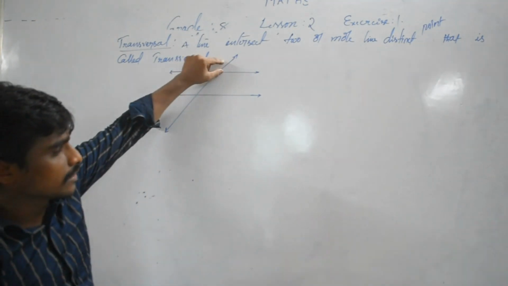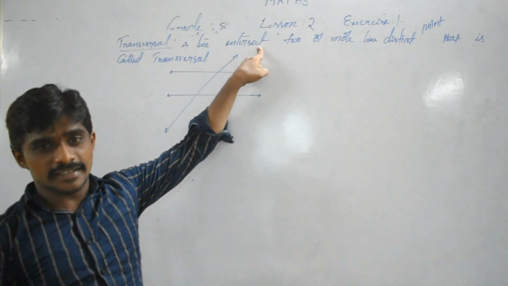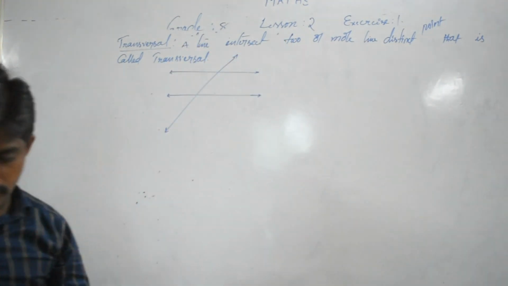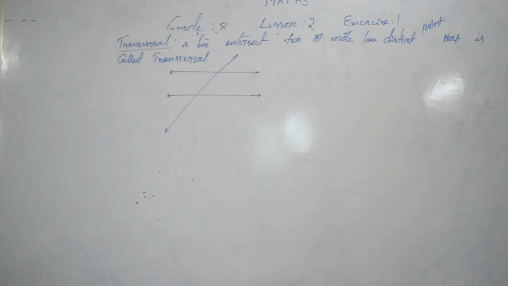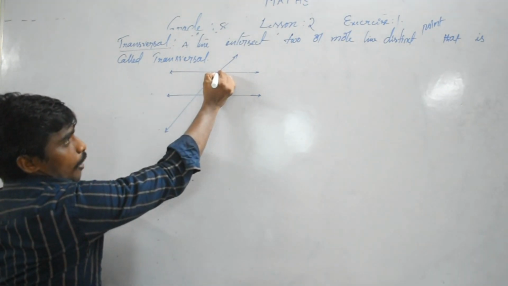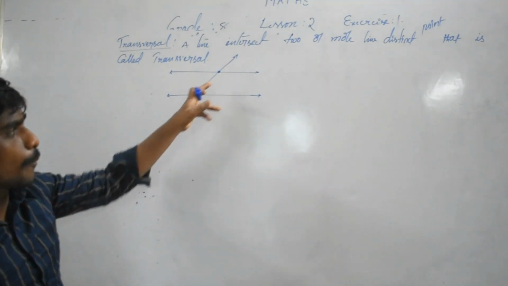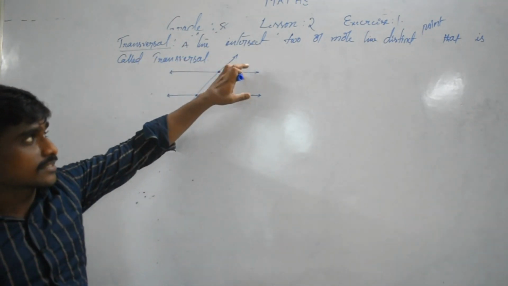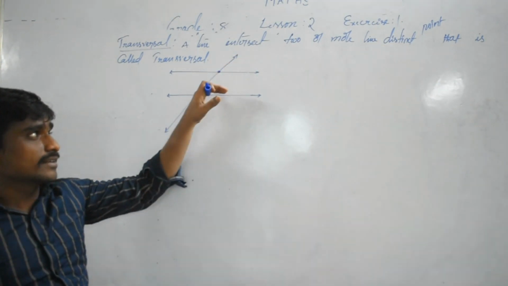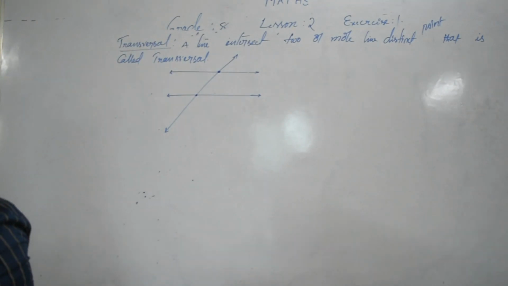Now another line intersects. So we know line, we know intersect, we know point. So that is a transversal. So here one point, here one point, 2 points. So two lines and one line intersecting two or more lines, that is called a transversal.